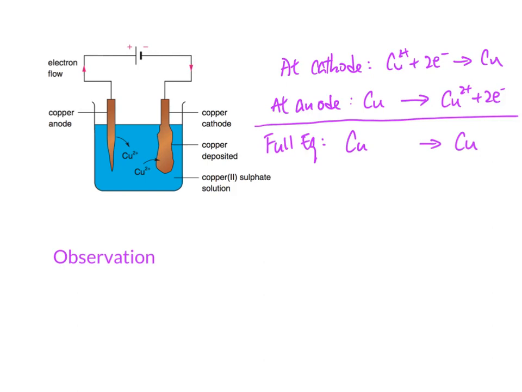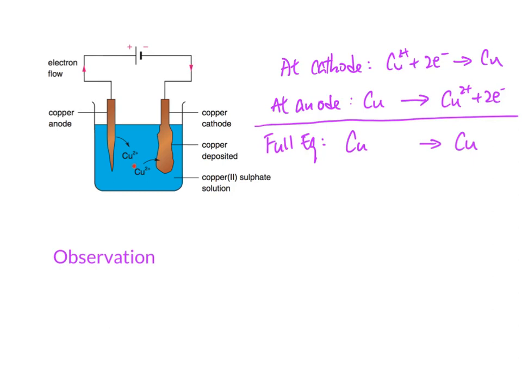If you look at the setup, you'll find that at the cathode you've got more copper on it. So Cu2+ will get on it and make the electrode thicker. While on the anode part, the Cu atom will become Cu2+, therefore getting thinner and thinner. So actually we do have a reaction there. In order to represent this, we can see that the copper is transferring from anode to cathode.